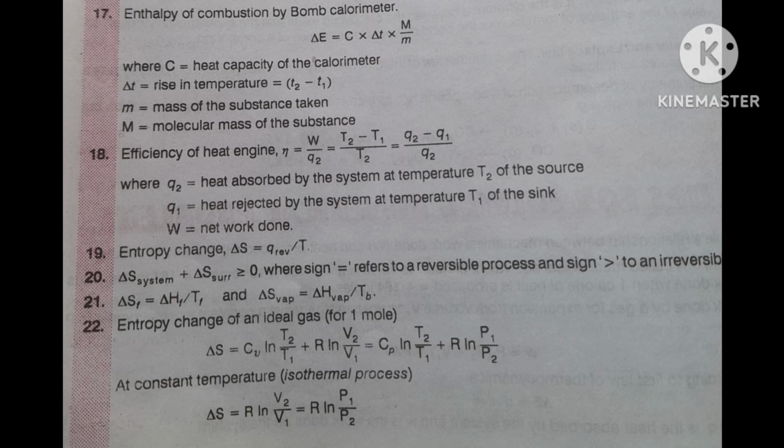Then here you will get delta S is equal to Cp ln T2 upon T1. Like first one, there it was Cv, now you got Cp, and ln T2 upon T1 is same. Then delta S is equal to Cp into ln T2 upon T1, that is at constant pressure.